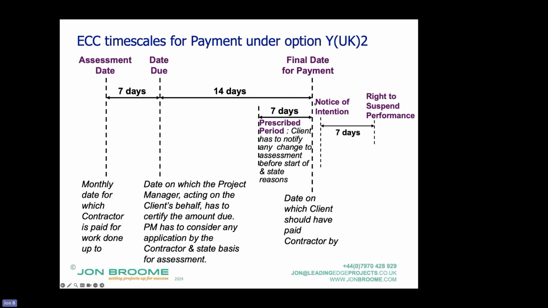So if the employer, or the client, doesn't pay that £100,000, pays £99,999, the contractor has a right to suspend performance, but they have to give 7 days' notice. And if it's paid up, then they don't suspend performance.